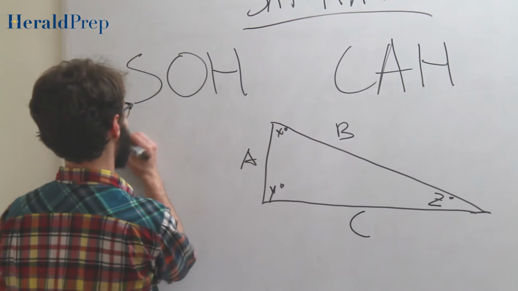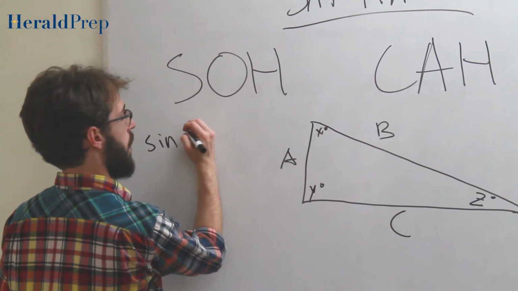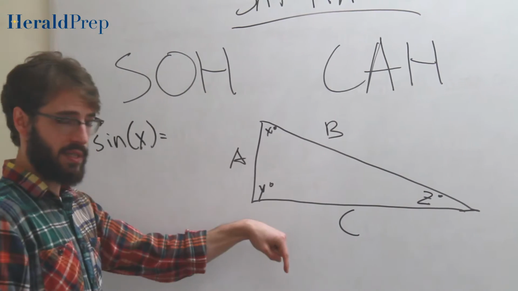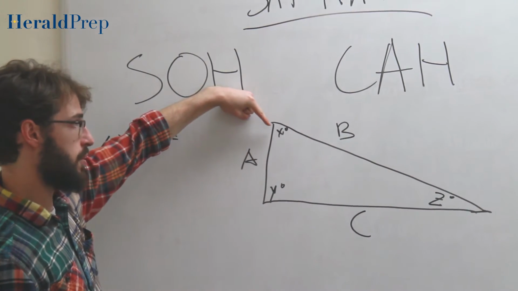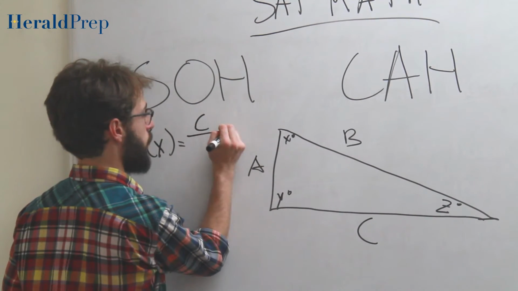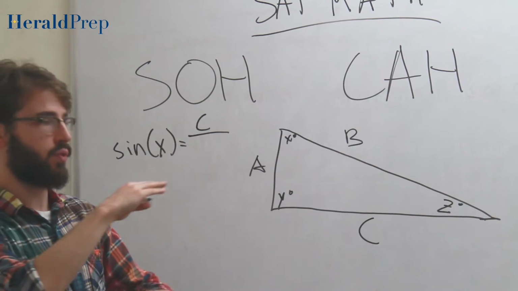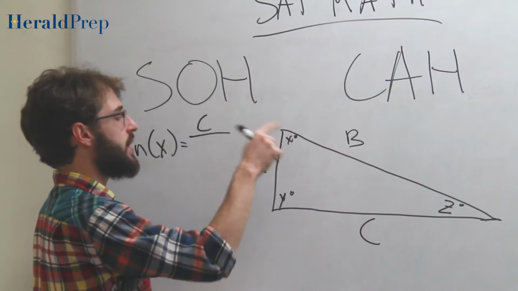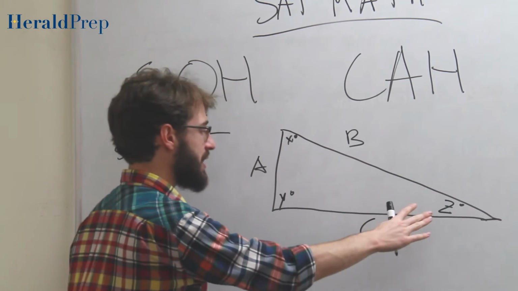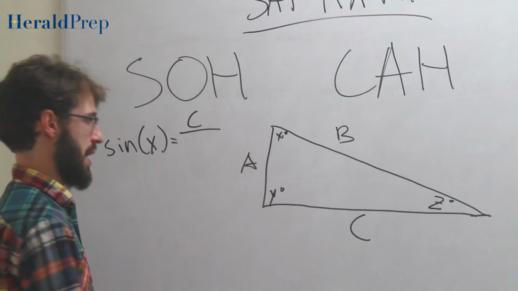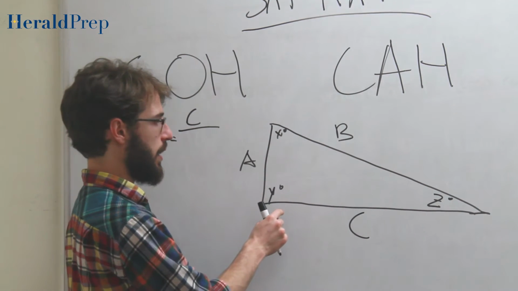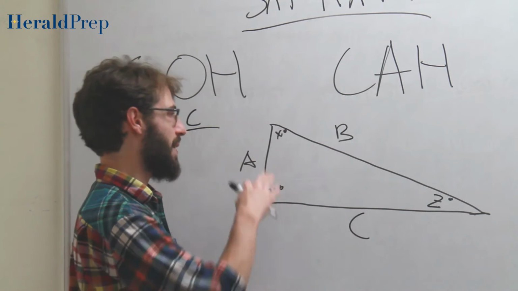So if we're finding the sine of angle X, that equals opposite, so the side opposite our angle X here is C, over, again I said this is a proportion, it's a relationship, so it's always over, H is hypotenuse. Now what's the hypotenuse of a triangle? It's the longest side, which is opposite the largest angle. So in this situation, it's our longest side.